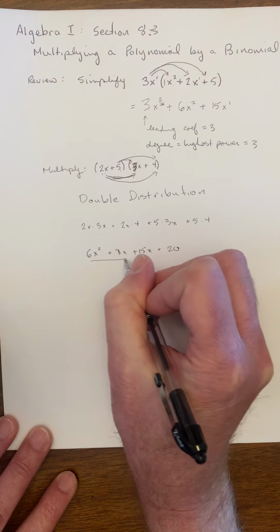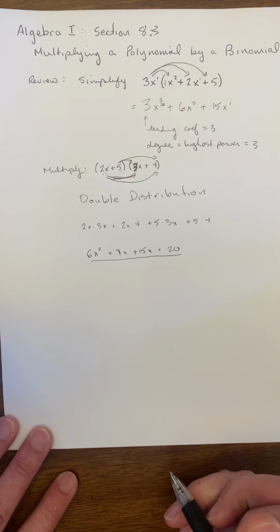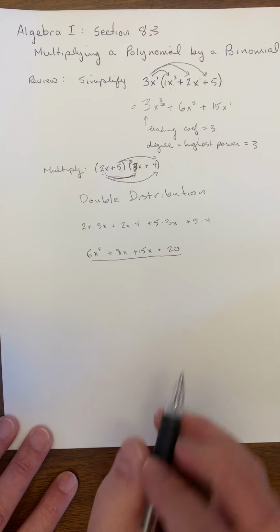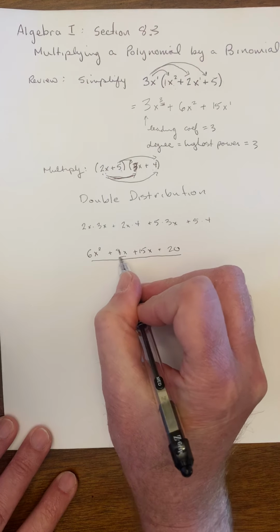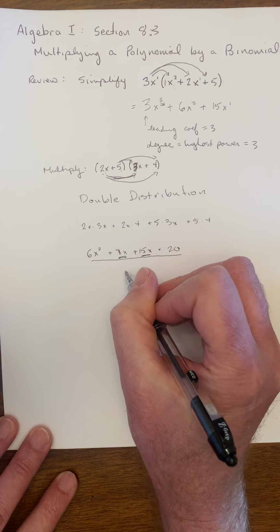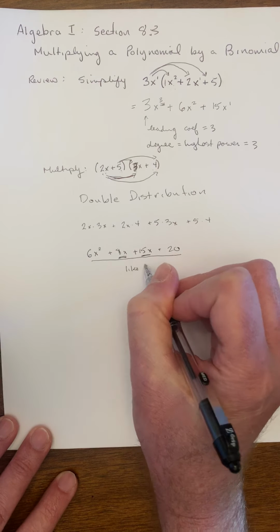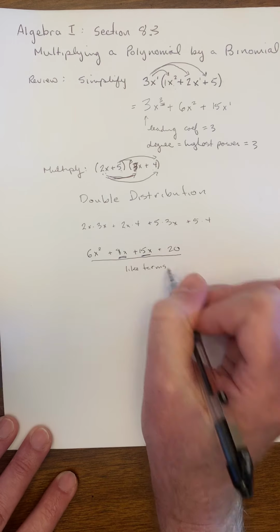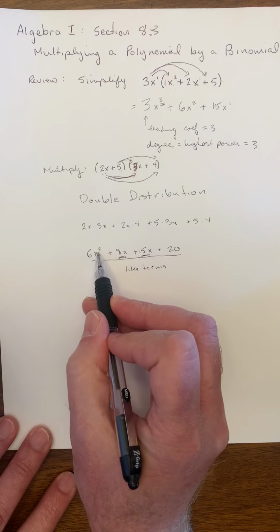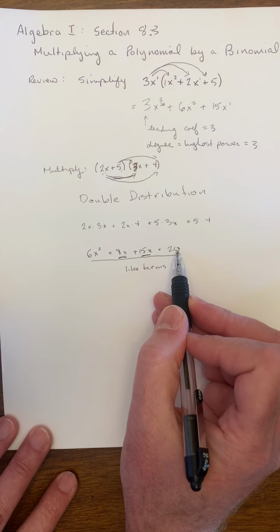So here is what happens when we've done the double distribution. Now there is one more step. Notice that this has an x to the first and this has an x to the first. So these are like terms and we can combine them. Now you can't combine this with anything because there are no other x squareds.